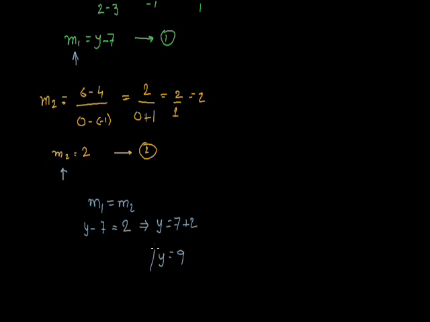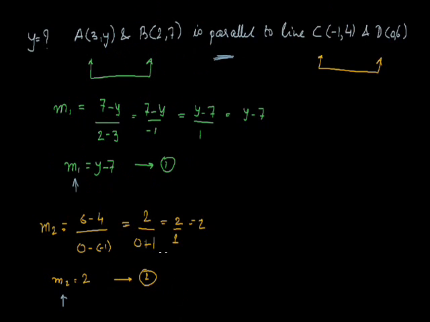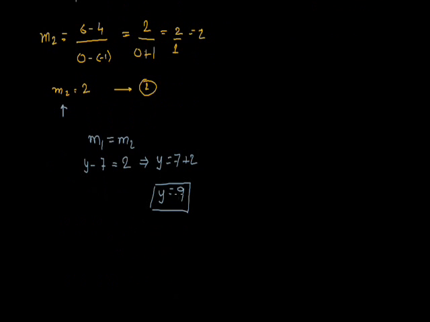So y equal to 9. So finally we have arrived at the value of y, which we were asked in the question, that we need to find the value of y when a line passing through point A and B is parallel to a line passing through point C and D. So by this calculation, by equating the slope of both the lines, we arrived at the value of y.